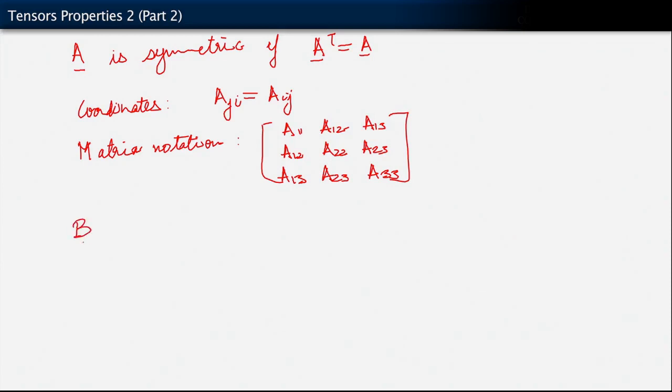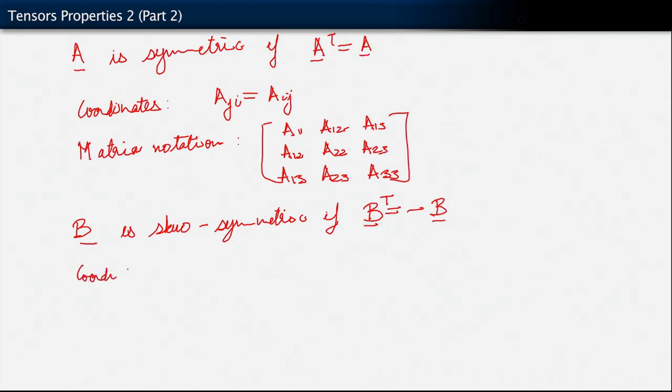Now, the other tensor B may be skew symmetric. It is skew symmetric if B transpose is minus B. In coordinates, we would write that out as B ji equals minus B ij.